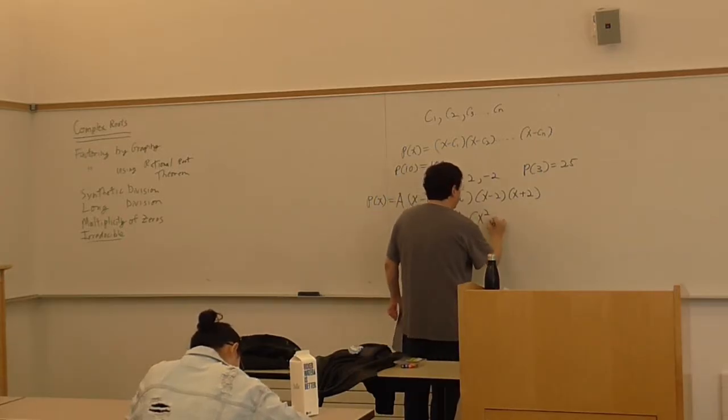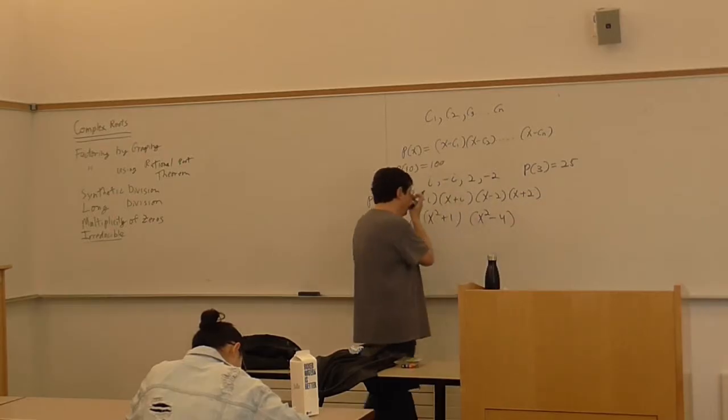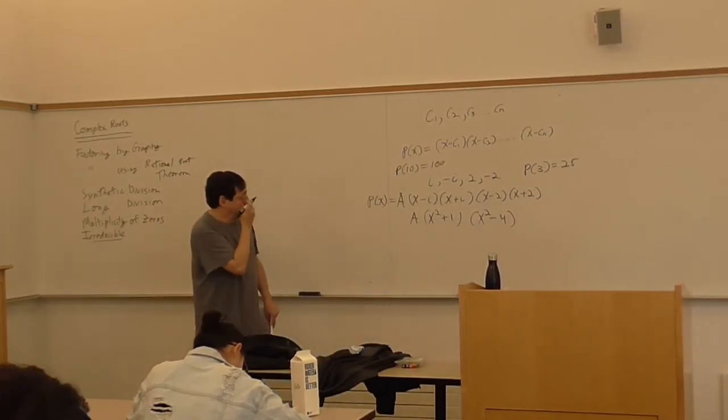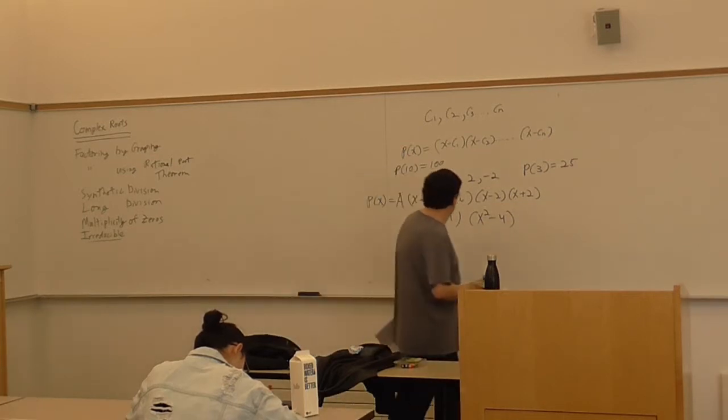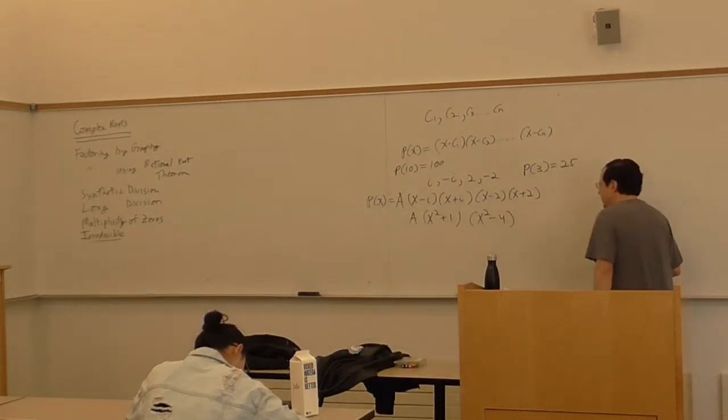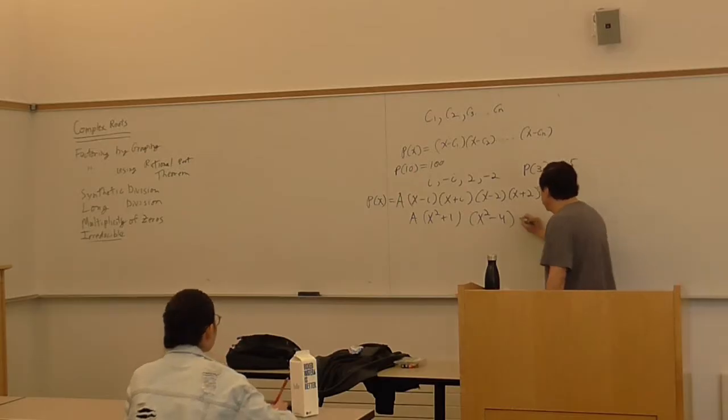It's x squared minus 4, okay. Let's go to the next step. What's x squared plus 1 times x squared minus 4? Well, that I can FOIL, right?